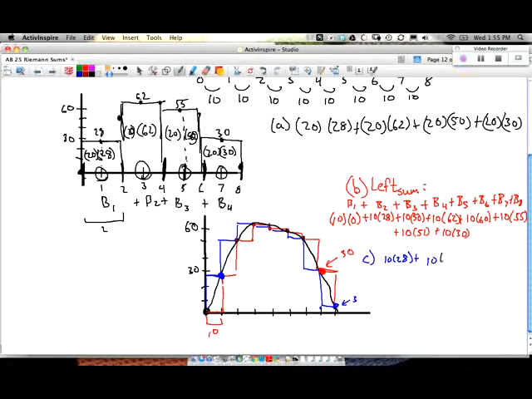So plus 10 times 50 plus 10 times 62 plus 10 times 60 plus 10 times 55 plus 10 times 51 plus 10 times 30, or 300. Plus 10 times 3. So there's those 8 boxes: 1, 2, 3, 4, 5, 6, 7, 8.